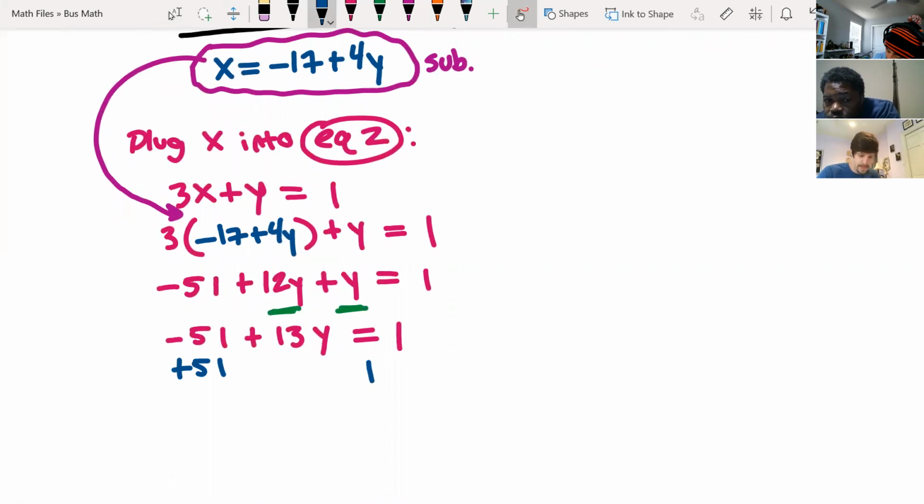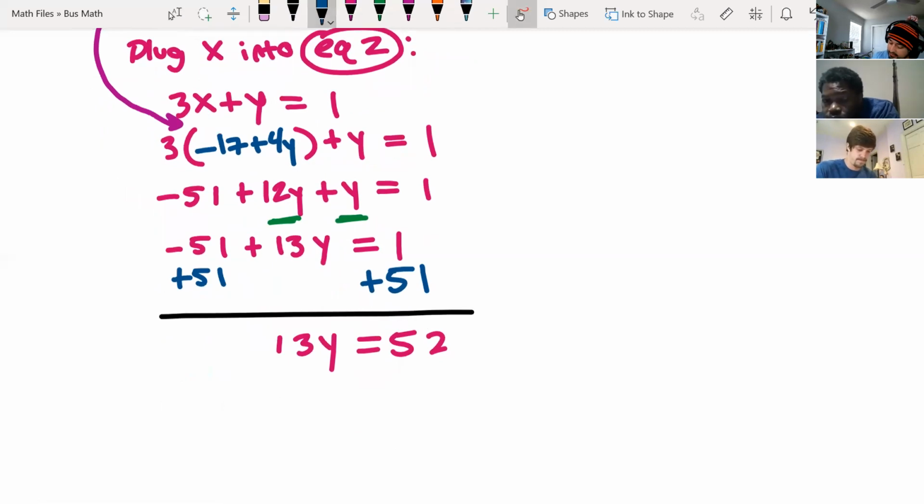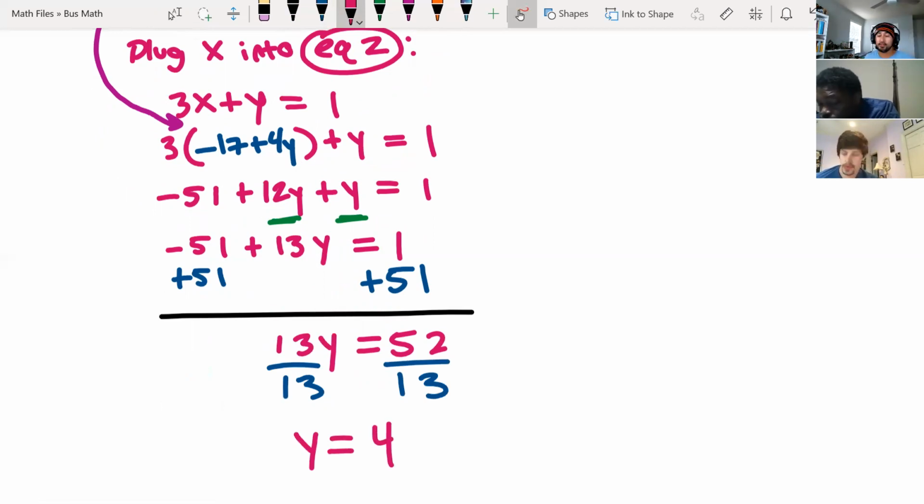Add 51, and we'll get 13y equals 52. Okay, and hopefully, if it's nice enough, does 13 go into 52 nicely? Because now we're going to divide by 13. 4 times. Perfect. So we get a part of our solution. We get y is equal to 4.